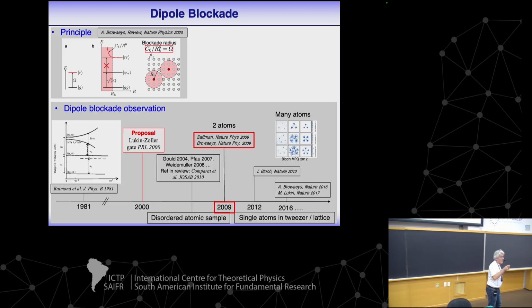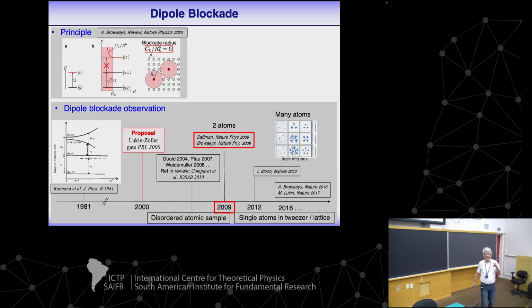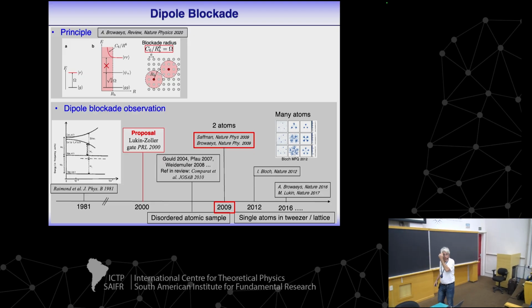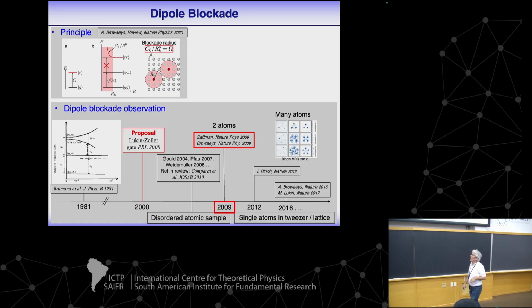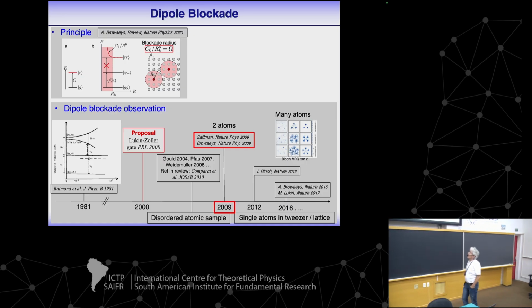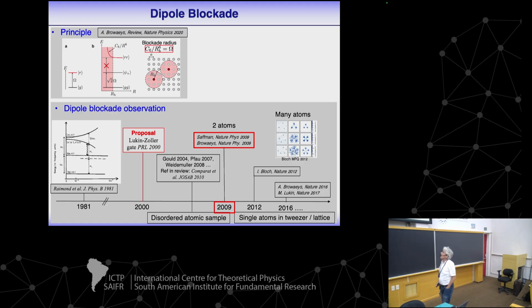At that time, the system was very disordered, and it looked like a messy thing to go to high density of atoms without tweezers, so we forgot about this, and for a long time we did not go in this direction. But after the proposals, there was a series of experiments demonstrating this effect.